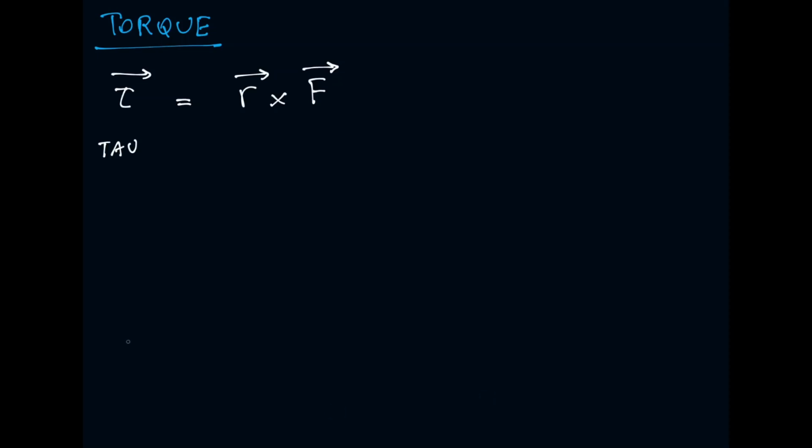So take this situation. You have the origin of your reference frame, a point P, and a force applied to this point P. Let me call this R, the position vector.